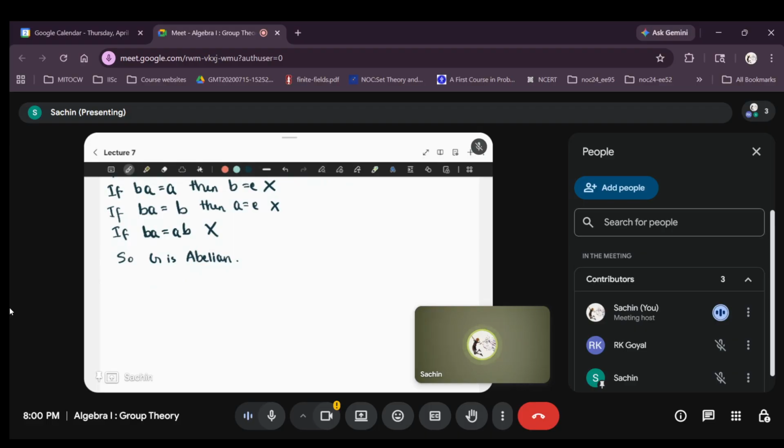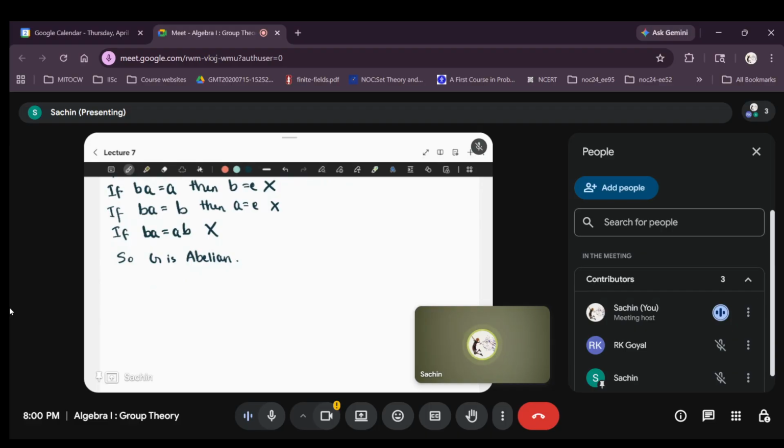We assume that. Then we show that the fourth element must be equal to AB, because AB cannot be equal to any of E, A, or B. It's distinct from E, A, and B. Then, since the group has only four elements, the group must be E, A, B, and AB. Then we check what BA must be equal to.